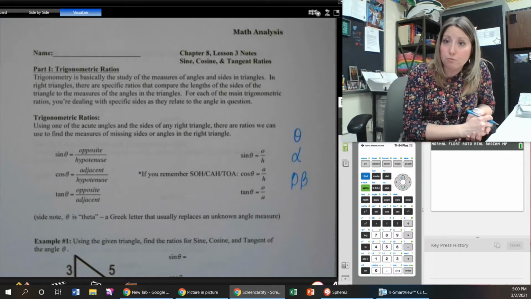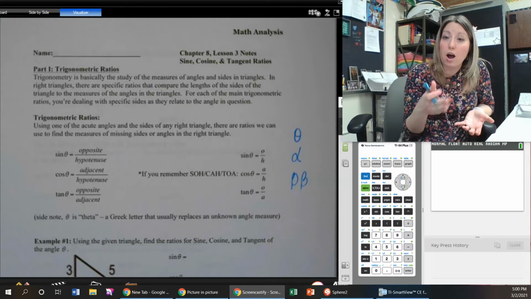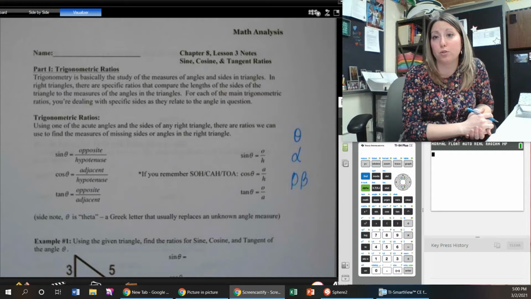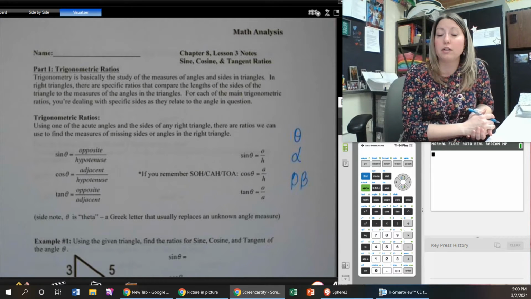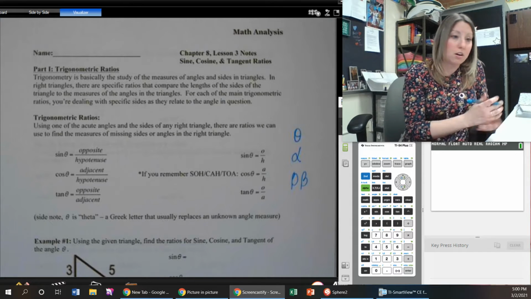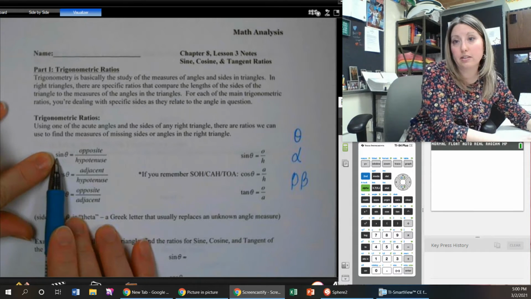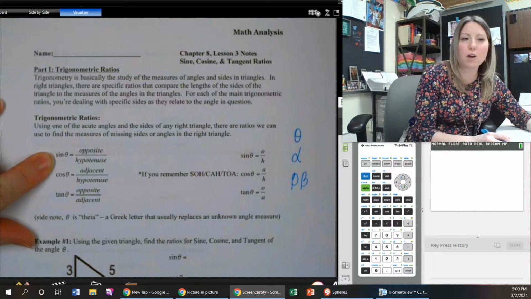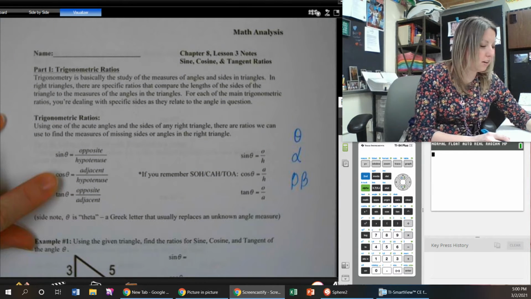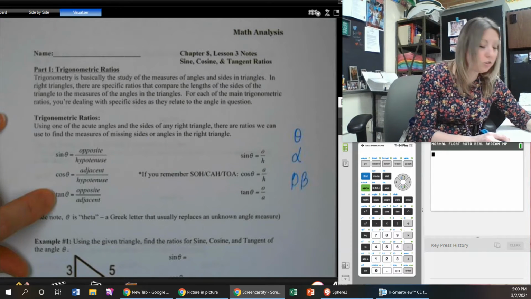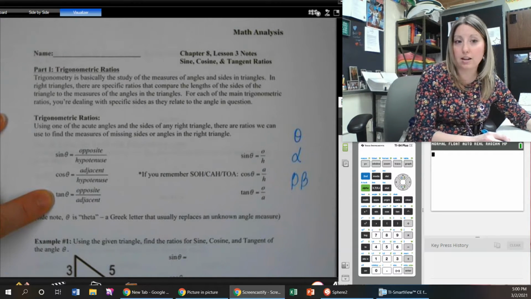Another thing to take note of, notice, even though I see abbreviations on my paper, and those are, I'm sure, familiar to you, I still use the words sine, cosine, and tangent. Okay? Yes, I recognize that sine is abbreviated S-I-N. We do not say sin. Cosine is abbreviated C-O-S. We do not say cos. And tangent is abbreviated T-A-N.